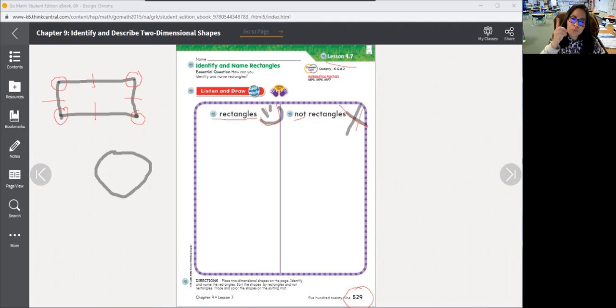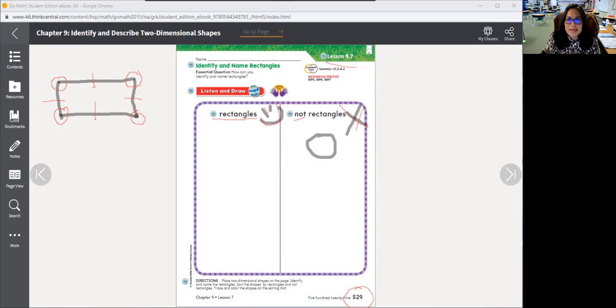Why is it not a rectangle? Because it doesn't have any sides. Beautiful, beautiful. That's right there. One thing that you can identify is it doesn't have any sides. So yes, everybody draw a circle on the no, it's not a rectangle, because this circle is not a rectangle. Good job, Russell. Thank you so much. Okay, so everybody should have a circle because it is not a rectangle.